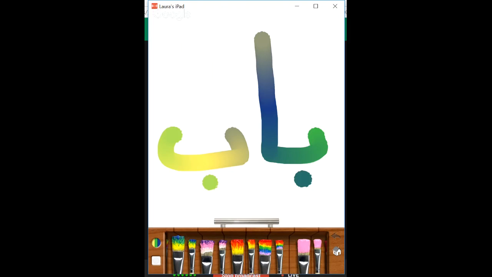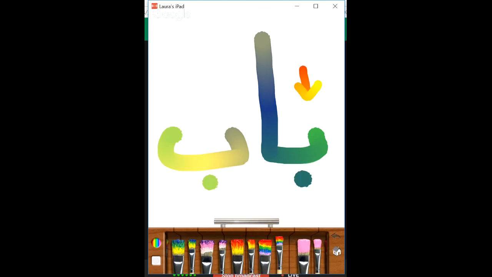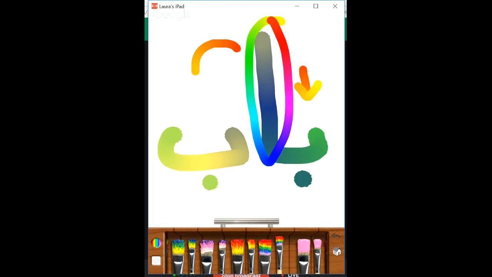So there's actually a space in the word itself. Bab means door. But you have a ba at the beginning of the word, followed by an aleph, which is a one-way connector, and then another ba at the end of the word, and it's pronounced bab.